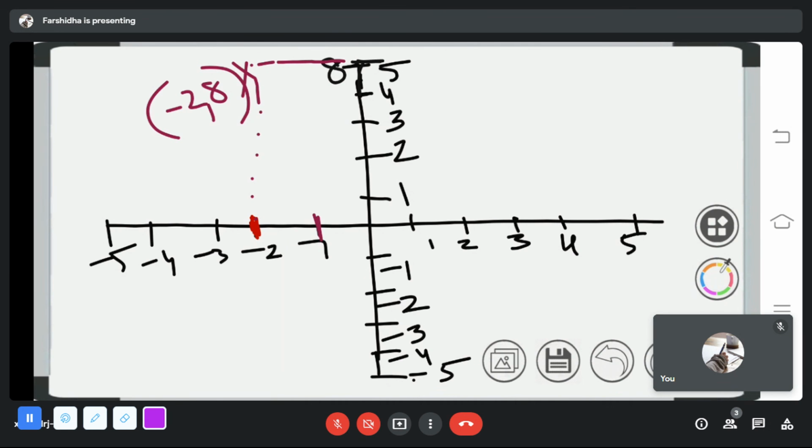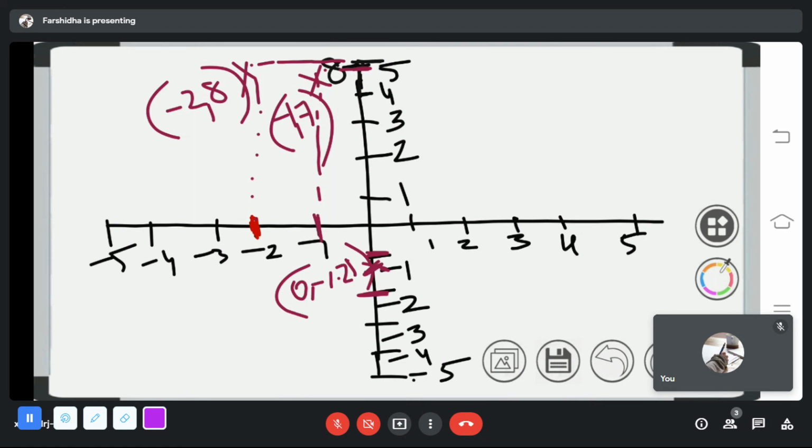So minus 1 is here. Suppose 7 is here. Then (0, -1.25). That means the y coordinate is minus 1.25. So 1.25 lies between minus 1 and minus 2, so it will be somewhat here. This is your (0, -1.25), between minus 1 and minus 2.